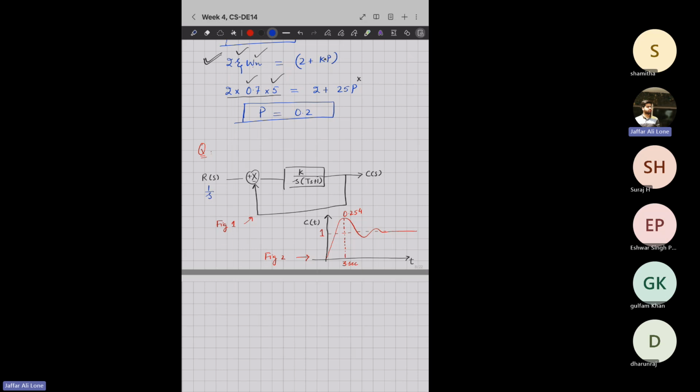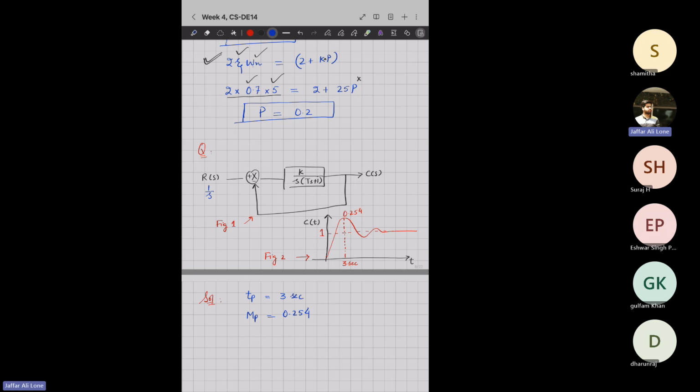So now see, from the curve, what is given? I'll just write the solution. Peak time Tp is given as 3 seconds, and peak overshoot is given as 0.254. Very good.